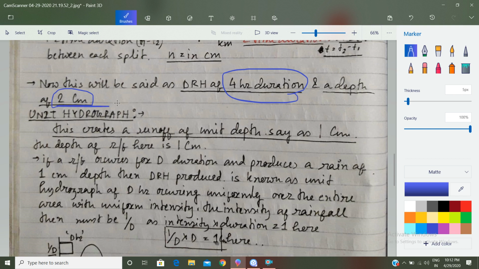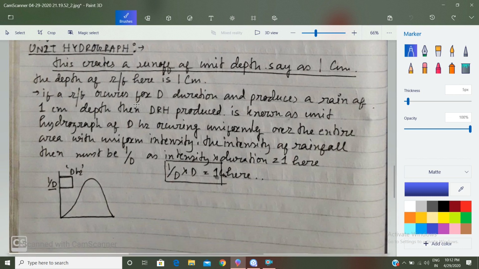You have to understand that the depth is 1 centimeter only, and the duration of rainfall will be stated. What is written here? This creates a runoff of unit depth, say 1 centimeter. If a rainfall, this is not runoff, this is rainfall, occurred for D duration and produces a runoff of 1 centimeter depth, then the DRH produced is known as a unit hydrograph.